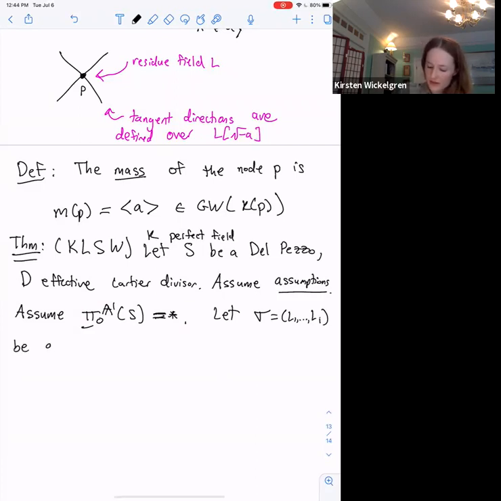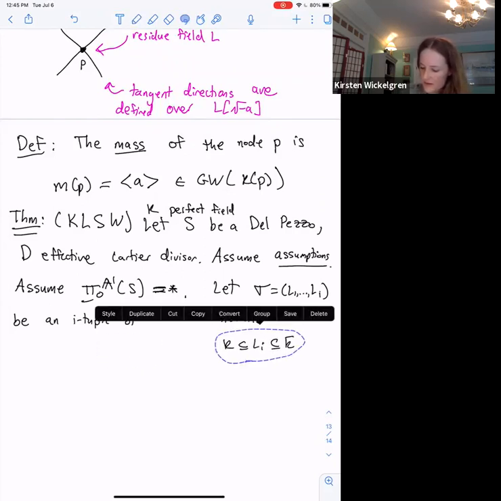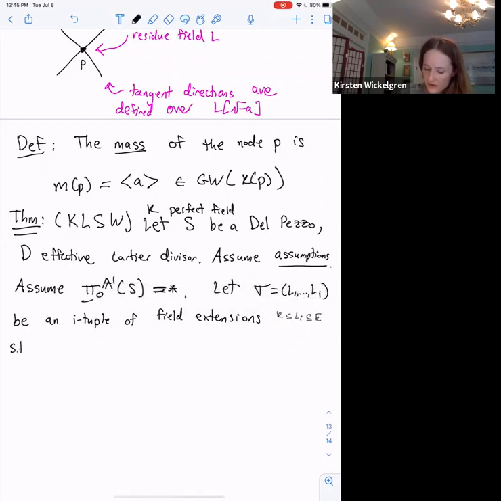So let this be an I tuple of field extensions. Such that over the algebraic closure, we're asking that there's endpoints that the rational curve runs through so that we get a zero-dimensional space of curves.